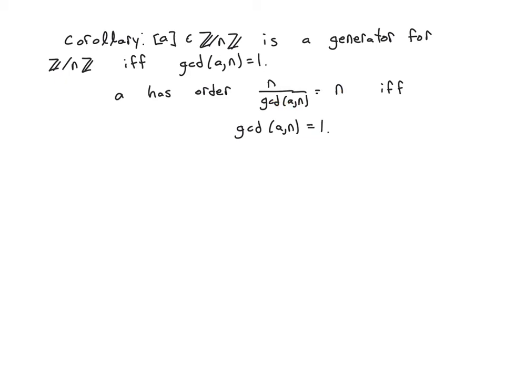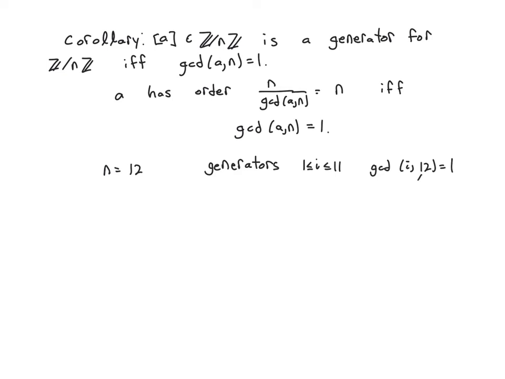And so, for example, if we let n equal 12, then the generators, you're going to be looking for numbers between 1 and 11 with the property that the GCD of i and 12 is 1. Well, what are the divisors of 12?